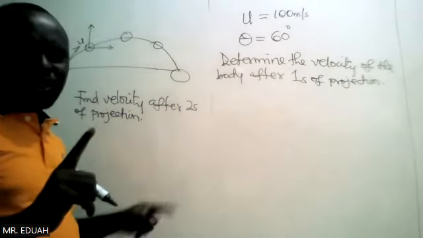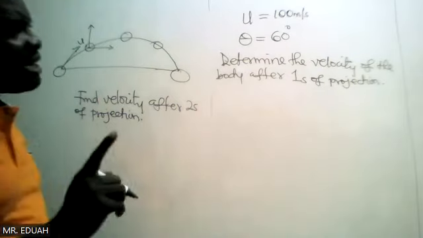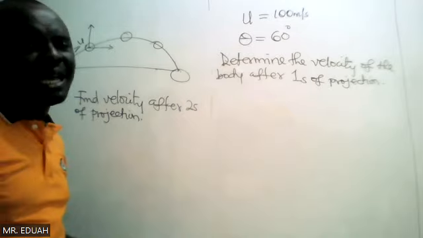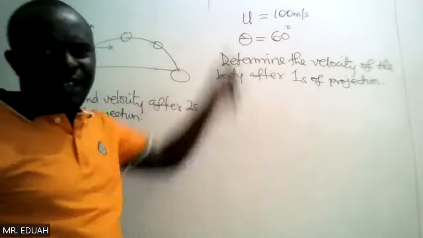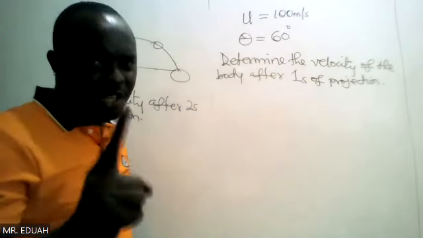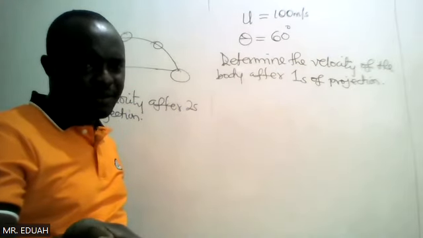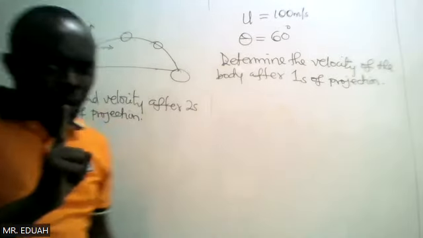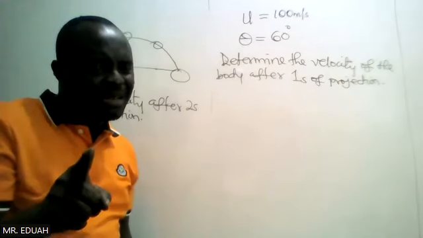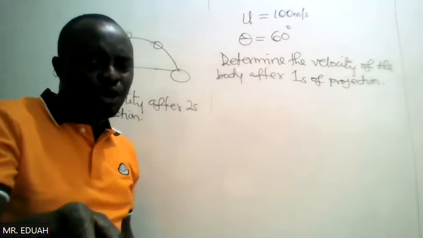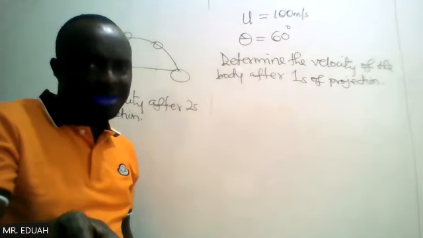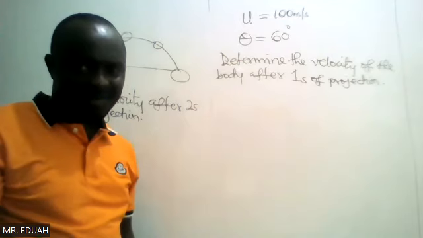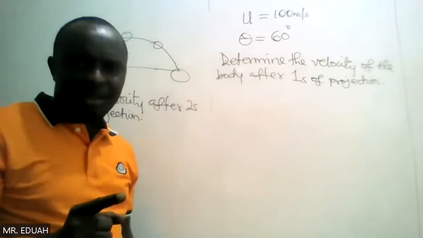Before you can solve the question, you have to determine the time taken to reach the maximum height. After 1 second, is the body at the maximum height? If the body is at the maximum height, then the only velocity there will be equal to the initial horizontal velocity.